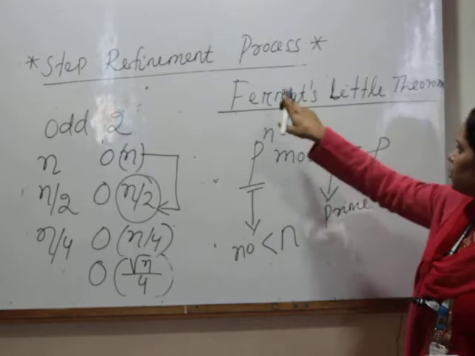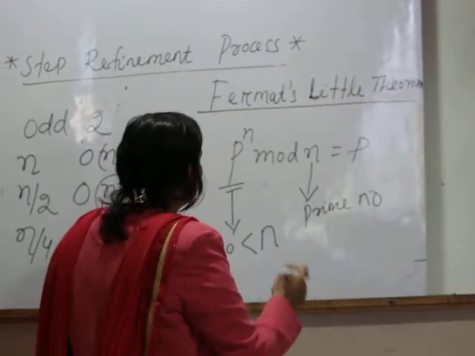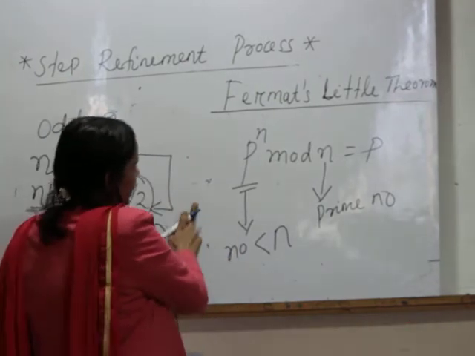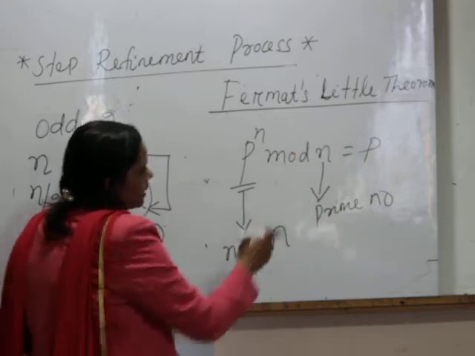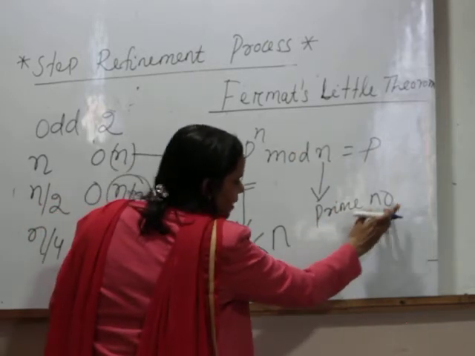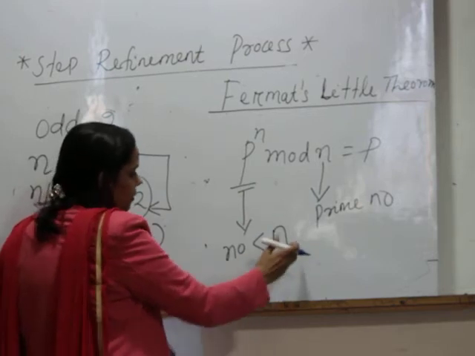Again, we use Fermat's little theorem to verify the algorithm's correctness. So p to the power n mod n is equal to p. Here n is the prime number, that is the input, and p is any number you select that is less than n.